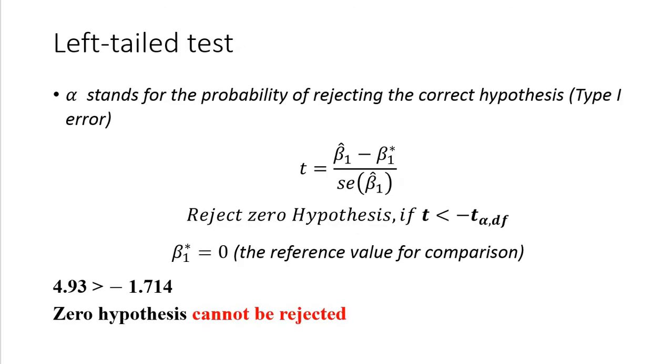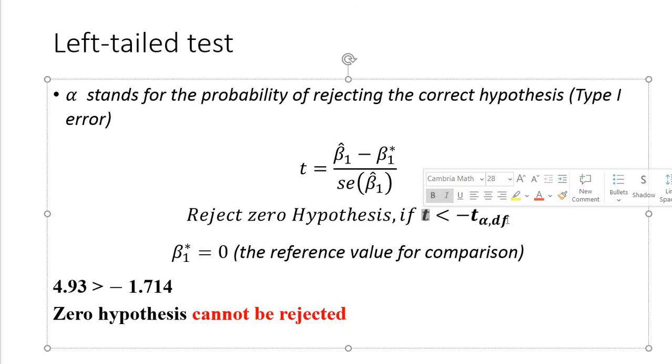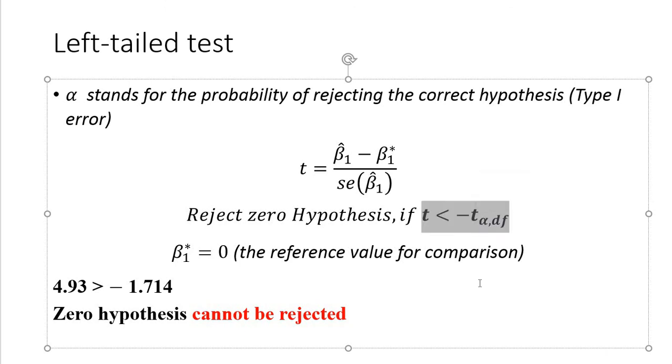We use the same critical value, but now we take the negative value. So if it was 1.714, now we compare it to the negative 1.714. Speaking formally, we will be able to reject zero hypothesis if t statistics is smaller than this critical value.